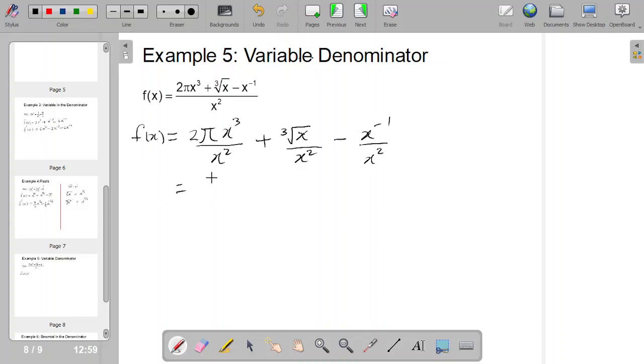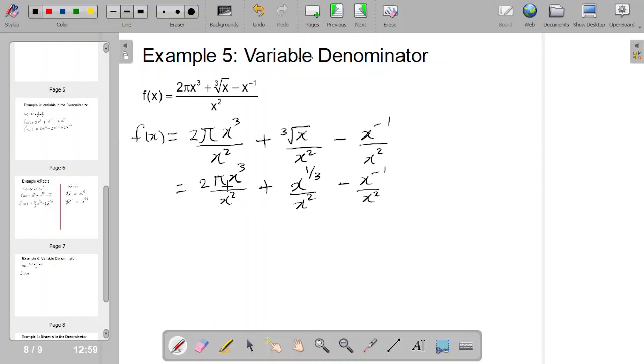So this will become 2 pi x cubed over x squared. This is a root. We were dealing with it before, so we know how to change it. This becomes x to the power 1 over 3 all over x squared minus x to the minus 1 over x squared.